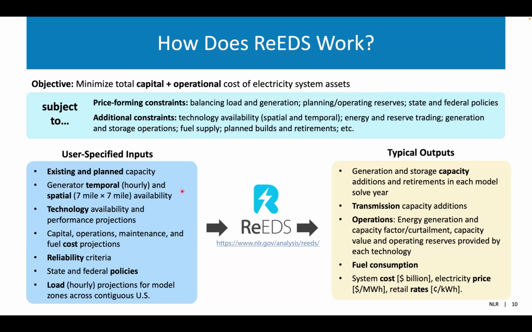So on screen is a basic flow diagram showing an overview of the necessary inputs and expected outputs for every ReEDS simulation or ReEDS run. As you can see in the left blue box, ReEDS has many different inputs.